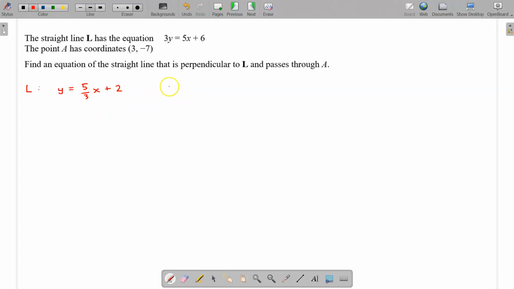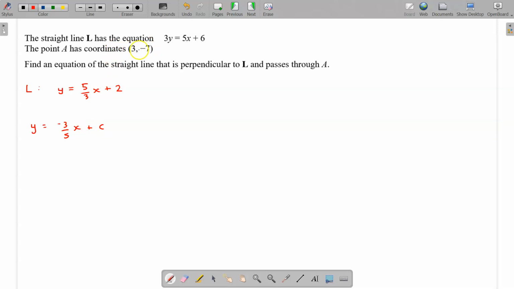Okay, so we want negative 3/5. So our new line would be of the form y equals negative 3/5 of x plus some constant that we don't yet know. Okay, I'm just going to call it c. Okay, and that's perpendicular. Now we do know that this line has to go through the point 3, negative 7.